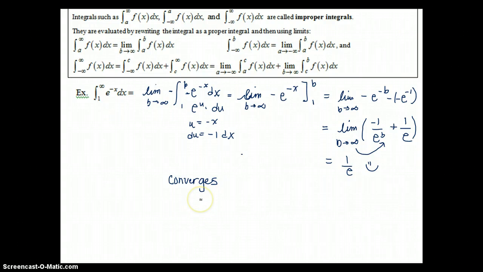So this one converges. Now, is this the value that it converges to? I guess this answers the question that I asked you on the other page, when I said let's find the exact value of that 0.37 number. If you put this in the calculator, that is 1 over e.